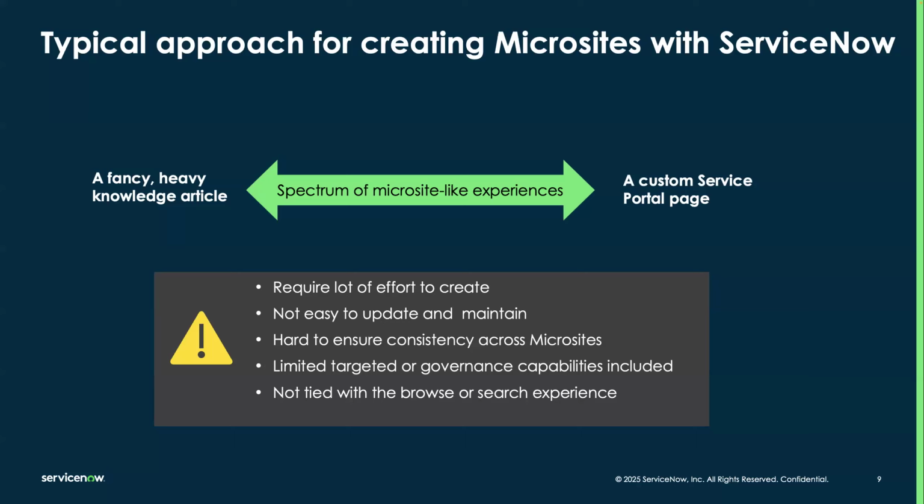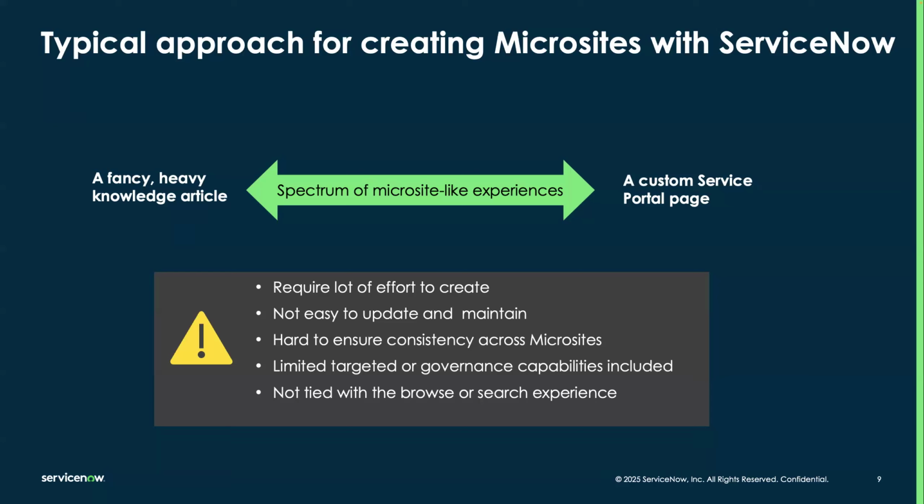In both cases, the challenges were pretty clear. Whether it was designing a rich knowledge article or developing a custom page, it took a lot of time and skill. And once these were built out, these pages were often hard to update or maintain over time. Another big issue was consistency.